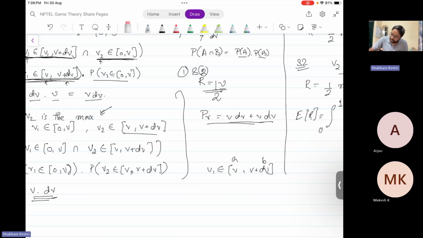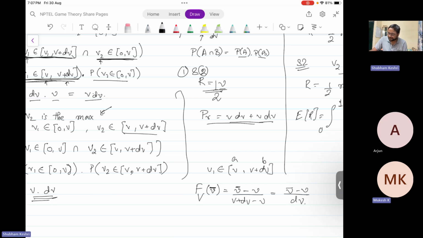So the distribution capital F of small v will be given by small v. I'll just write some other v bar. Sorry. So it is v bar minus v by v plus dv minus v. So it will become v bar minus v by dv.